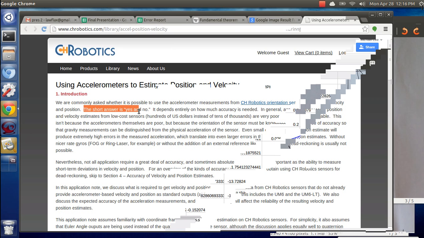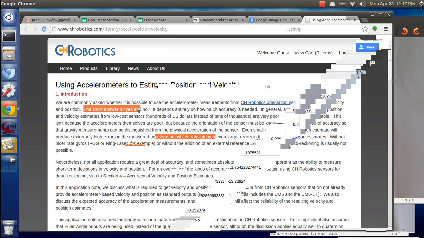They say the short answer is yes and no. They talk about how these low-cost sensors are very poor in quality, and they say it's simply unusable for such a thing. They talk about how gravity is a problem, and how even if we had a gyroscope to keep the orientation, that's a hardware thing as well, and so there are going to be errors there.